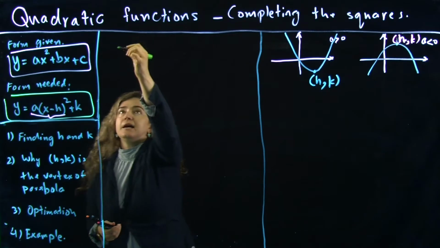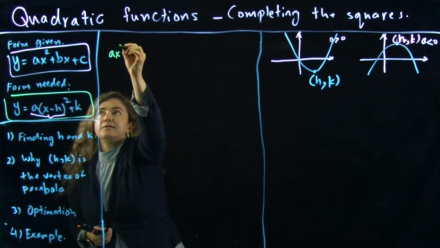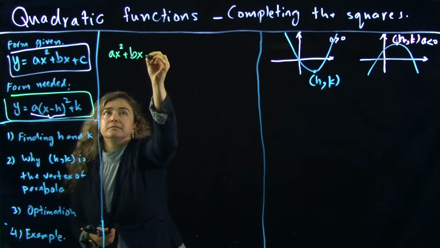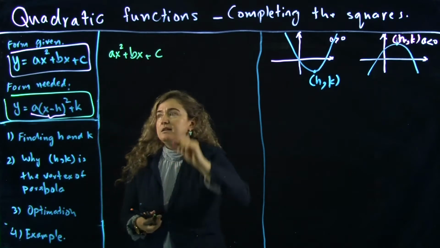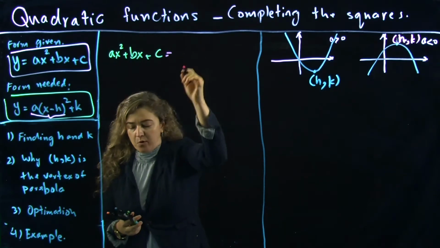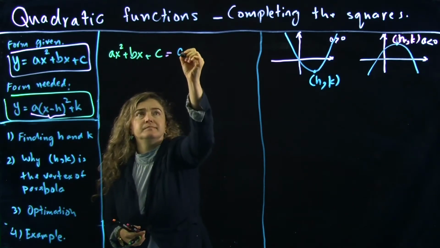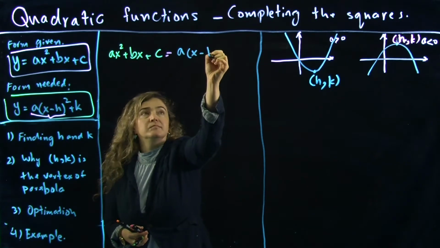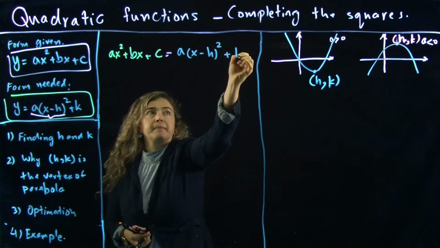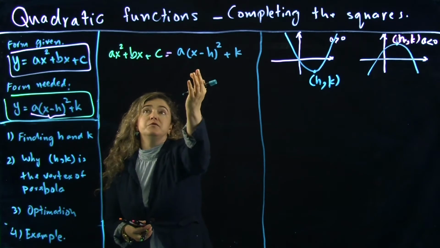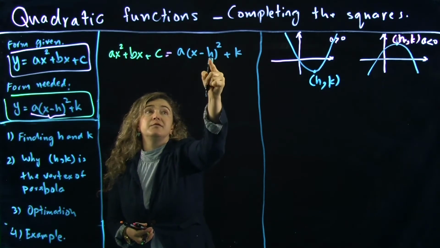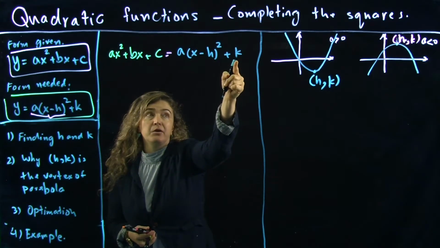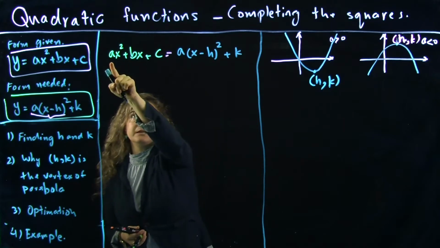Let's see. This is the format given to me. This is my desirable format. And I want to figure out the values of h and k in the desirable format. A is already given to me, right?